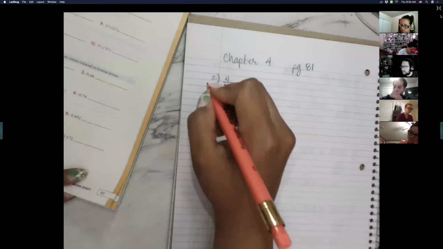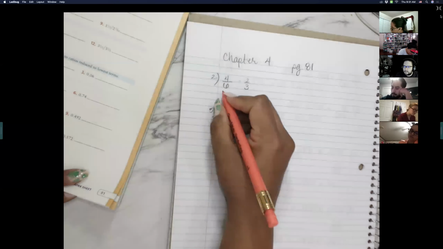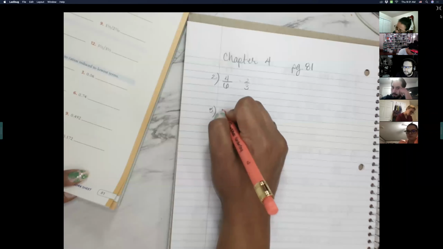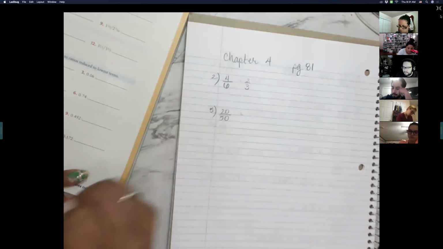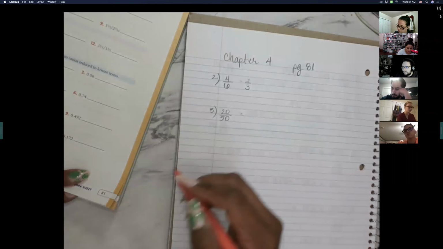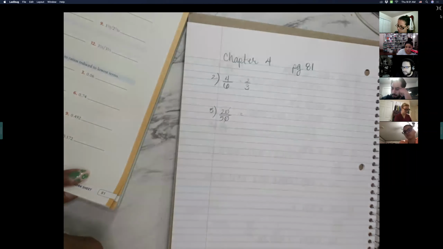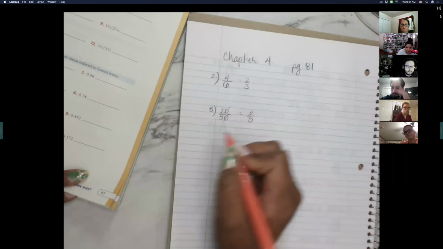Let's do number 5. Reduce your ratio to its lowest terms: 20/50. So remember, zeros cancel zeros. I'm canceling those out, so all I'm left with is 2/5.